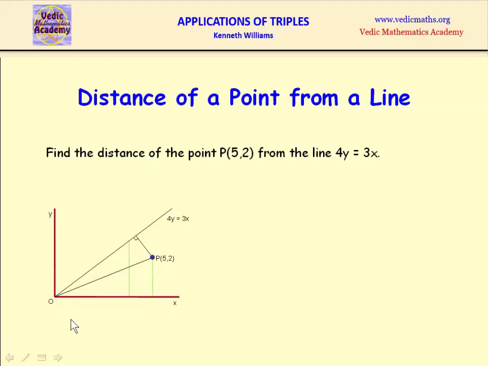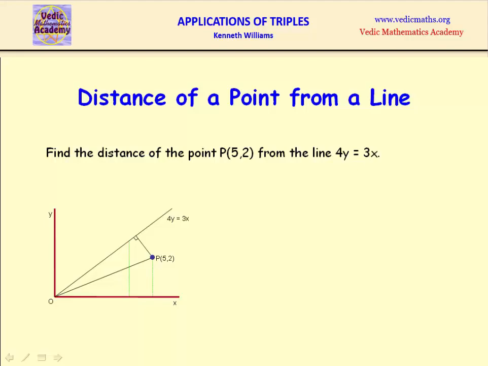And we can subtract those, because if we subtract them, what we'll get is a triple for the angle here, which is the difference between those two triples. So the difference between the line triple and the point triple is this angle here. And then all we need to do is to think about making that triple the right size so that it fits in this triangle, and then the opposite element, the second element of the triple, will be the distance we're looking for. So that's the plan. Let's have a look.